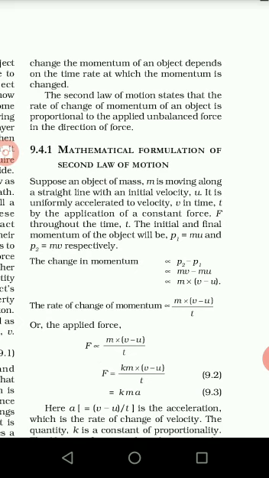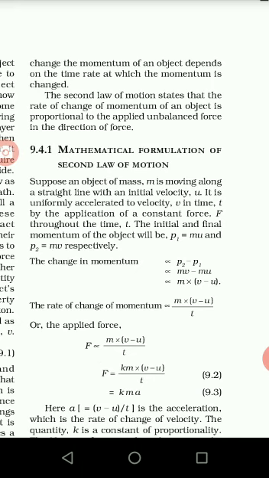P1 is the initial momentum, P2 equal to mv is the final momentum. Now the change in momentum, P2 minus P1, equals mv minus mu, which equals, taking m common, m(v minus u).